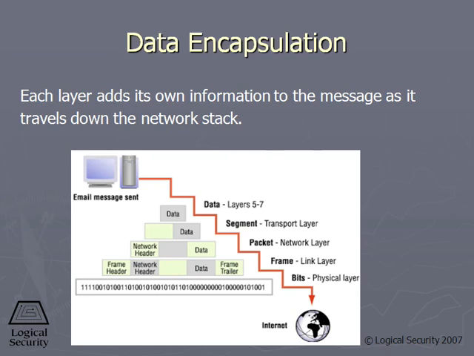So when you write an email, the email data is the payload, and it's going to go down the whole stack, and each one of the protocols is going to put its own instructions on it. So once it gets to my computer, my protocols are going to take the header and trailer information, know how to process it, and then it goes back up my network stack until it hits my email client, and I can actually read the email.